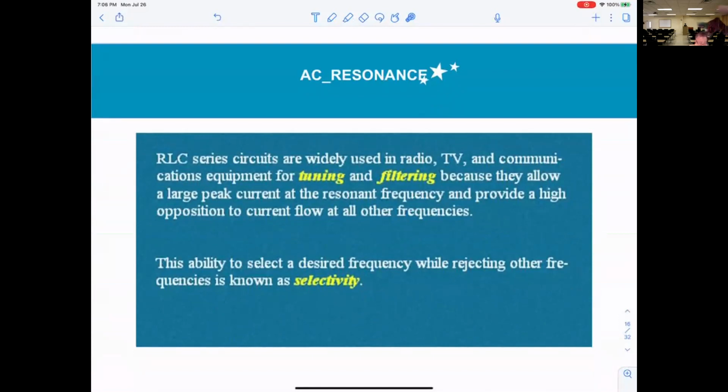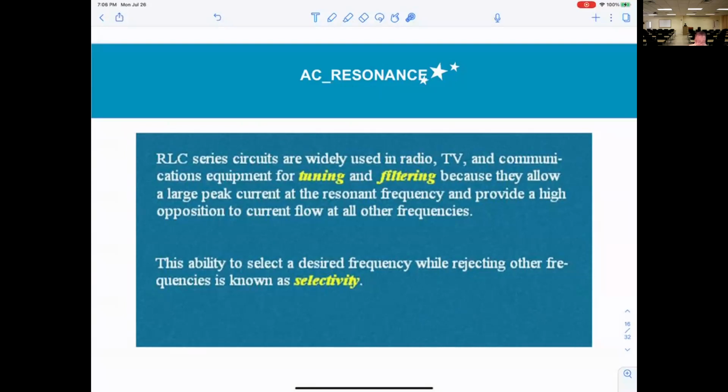RLC series circuits are widely used in the radio. When you tune your radio, you're looking for resonant frequency. Why? You want the maximum current. Okay?